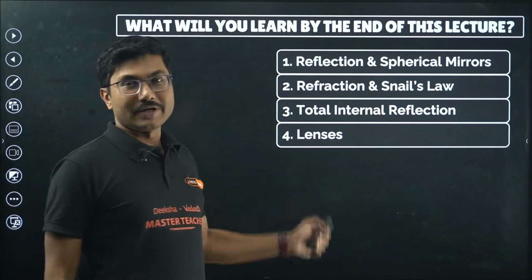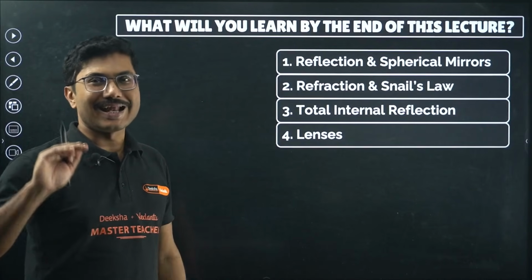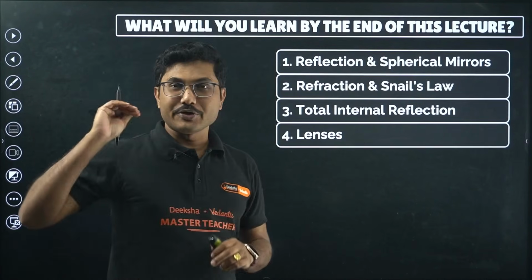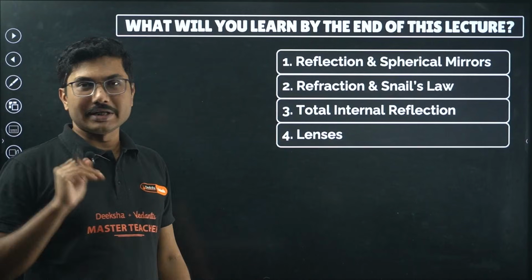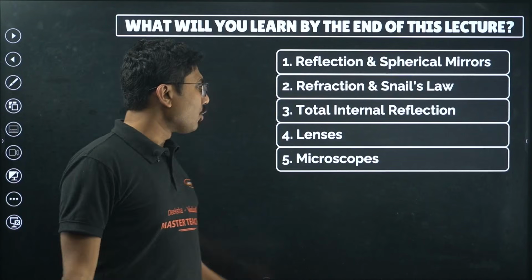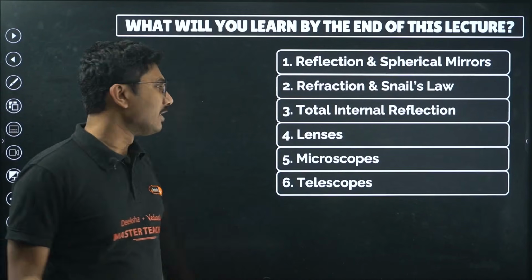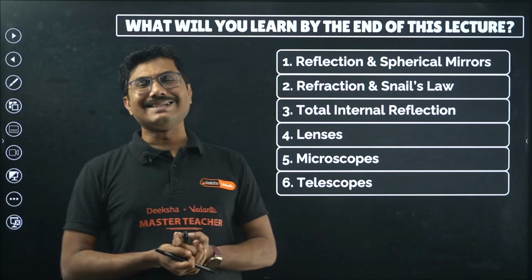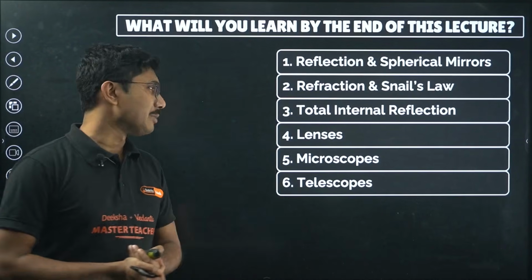So lenses is very important for PUC as well as in KCET. Why? Because from lenses questions are very common in KCET exam. Microscopes and telescopes: students generally ignore microscopes and telescopes while preparing for PUC, but in KCET they are important.